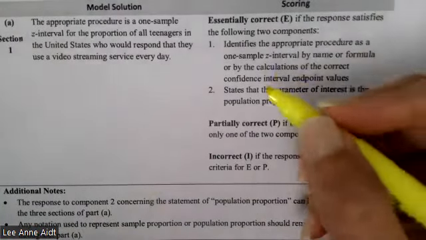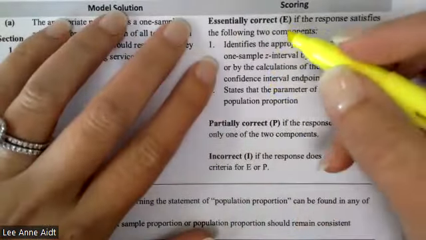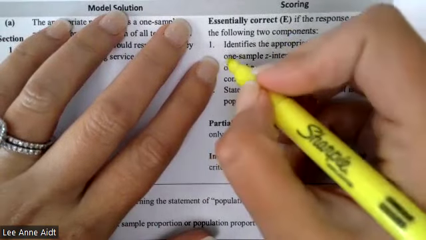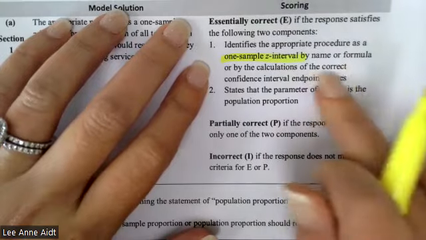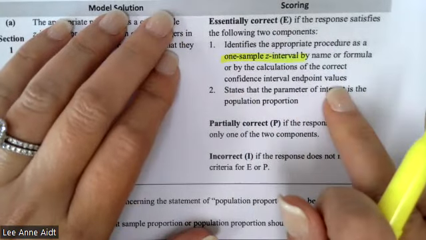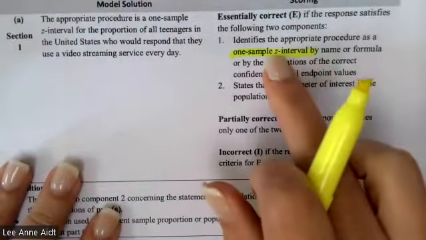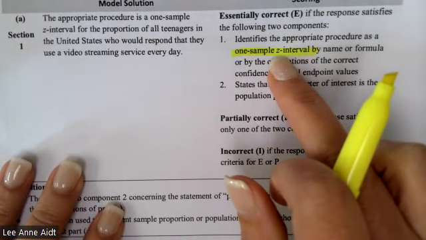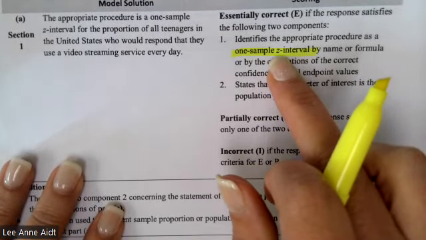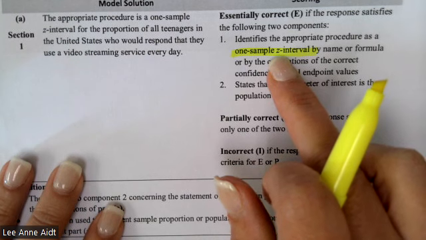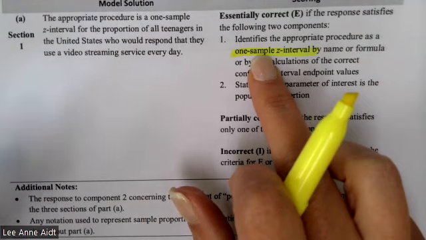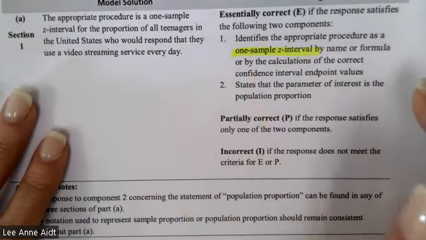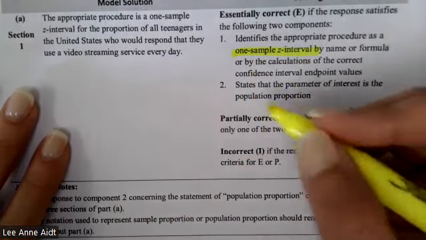Number 4. A. Identifies the appropriate procedure as one sample z interval by name or formula or by calculations of the correct interval. Apparently now they've made it so you don't need to say this in the plan anymore. You just need to get the correct answer. But if you get the wrong answer, you're still covered if you do say it. So I would just say it, unless you're going to be that confident.